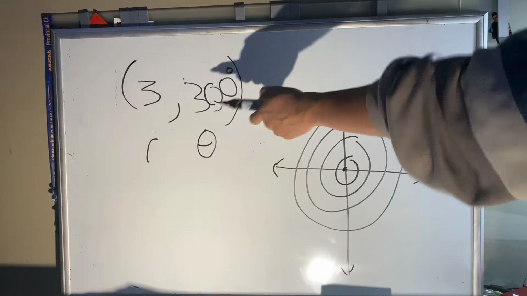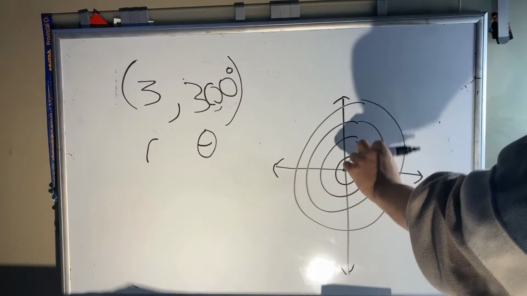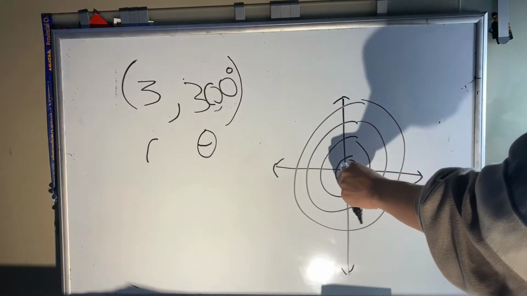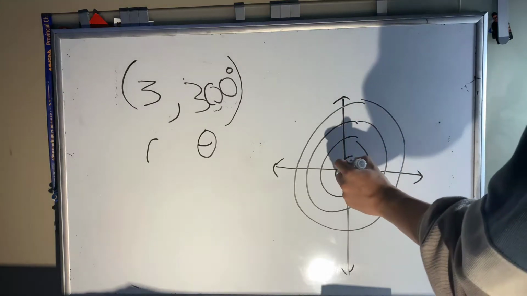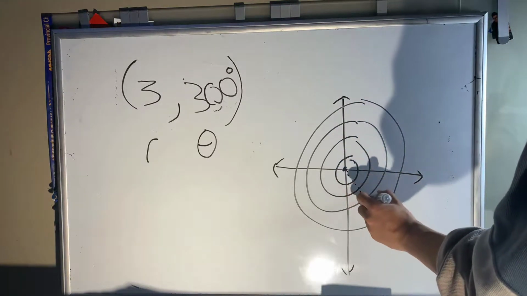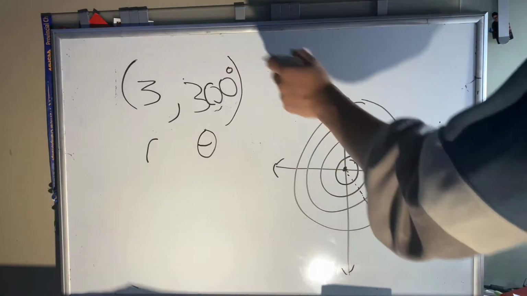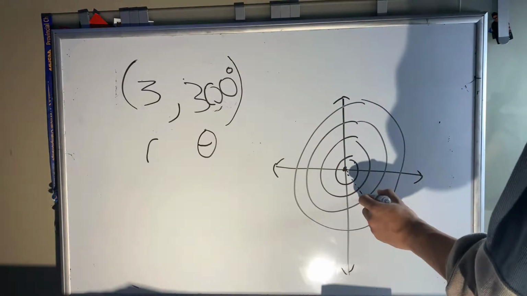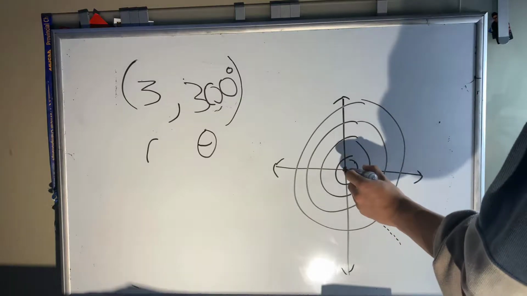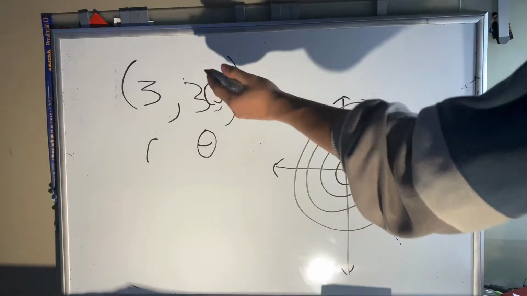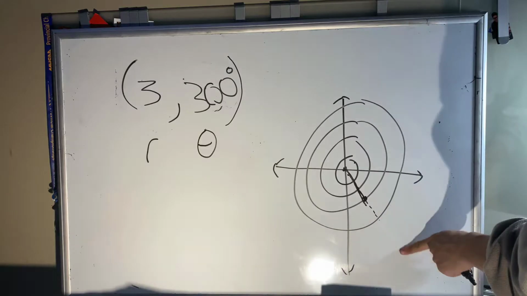Now we have 300 degrees. So from the positive x-axis, we know 300 degrees is somewhere around the 4th quadrant. I will assume it's around here-ish. In this line, we know that the radius is 3, so from this point, it meets with the pole. And that is how we draft the polar coordinate.